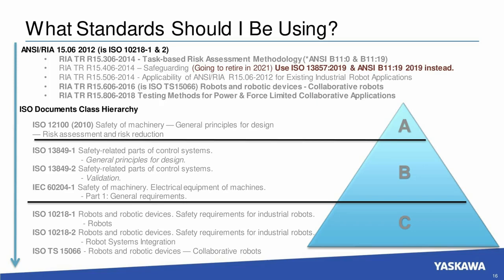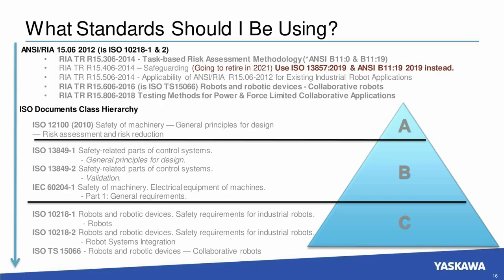Also, documents that you definitely want to have if you're considering a power and force limited application is RIA TR R15.606-2016. That is actually ISO TS 15066, the same document. The other one I would consider is the one we just mentioned, RIA TR R15.806-2018, which is the test methods for collaborative and power and force limited applications.